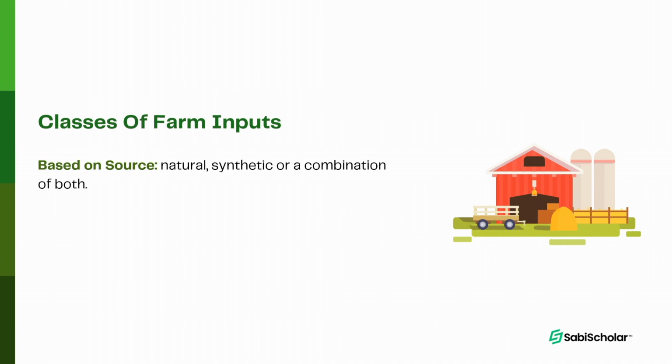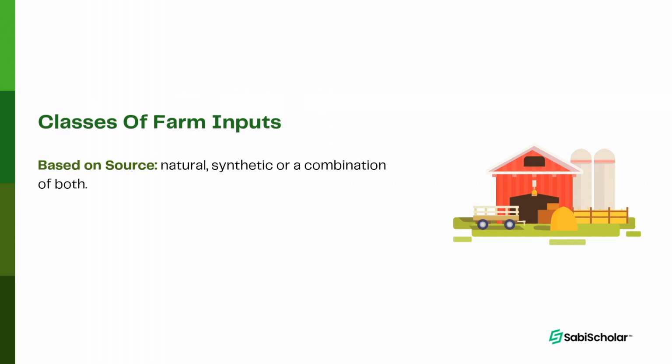They are from the natural source, while synthetic inputs like chemical fertilizers and pesticides are manufactured in the industries or in factories. Some inputs such as hybrid seeds are a combination of both natural and synthetic materials, because the seeds come naturally, yes. Then when they are enhanced, they are no longer exactly natural. So they're a combination of both natural and synthetic materials.